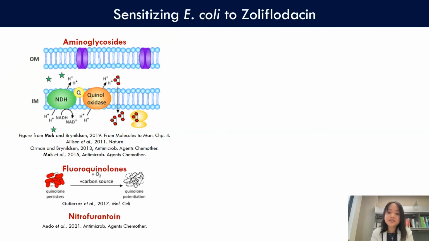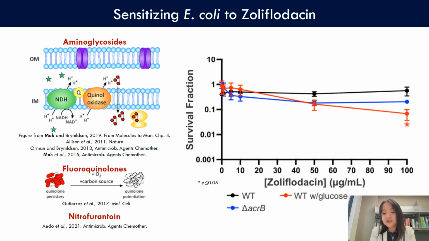So Travis and Brandon then looked at whether they could stimulate the metabolism of these slow and non-growing populations of E. coli with glucose, and whether that would sensitize them to Zoliflodacin. And they saw that at the highest concentration that they tested, adding glucose to stimulate the metabolism of the cells did significantly decrease the survival of the population by about 10-fold.